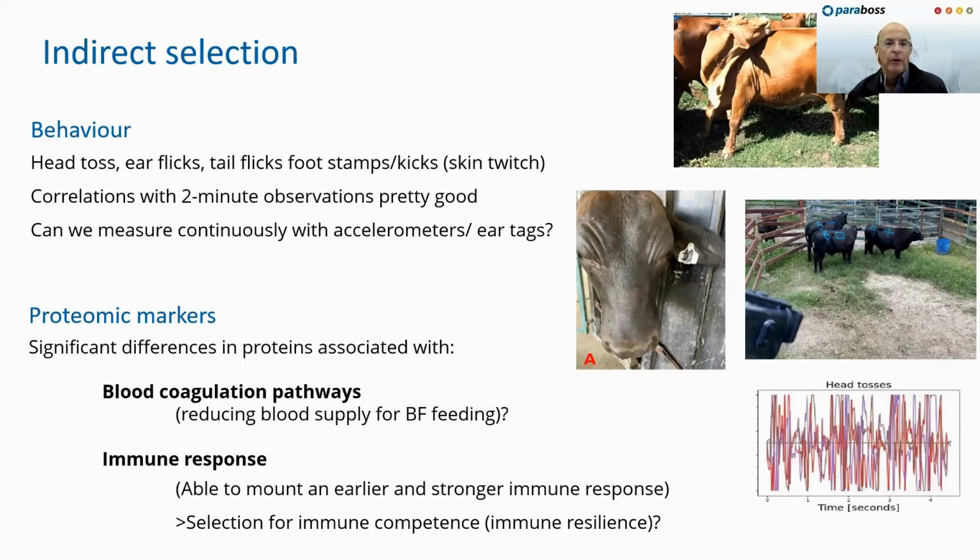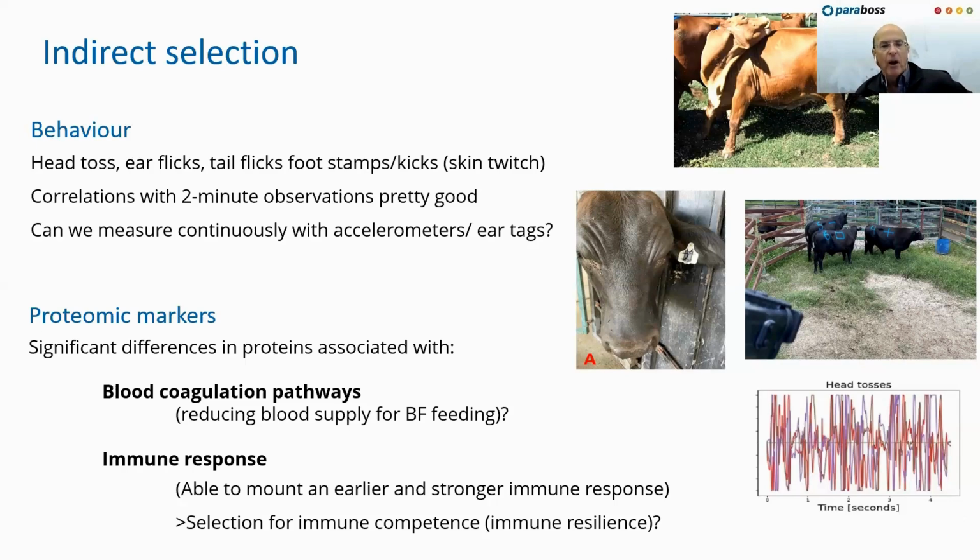And the other group of markers is in immune response identifiers. Here we're not quite sure what's going on, other than that animals with higher general immune responses may be able to mount a response earlier and more strongly than more susceptible animals.